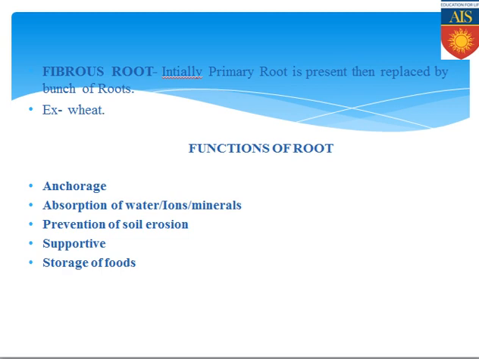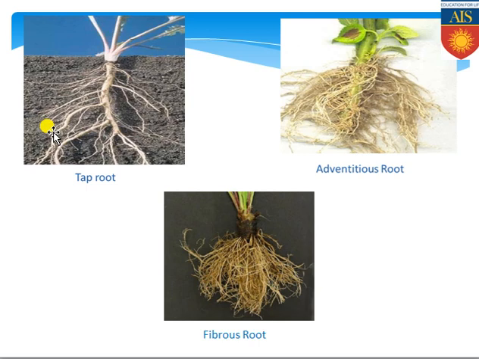So this is overall the figures of the three types of roots, and you can distinguish the types of roots properly. This is the taproot system, where there is a primary root and then secondary and tertiary roots and rootlets. This is the fibrous root, where the roots arise from the radicle but are present in a bunch-like manner.